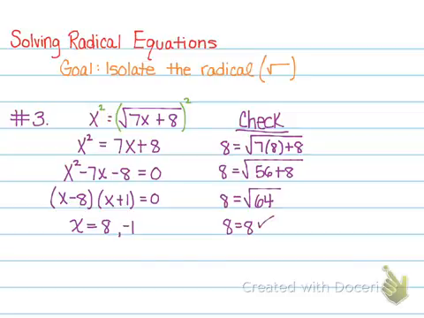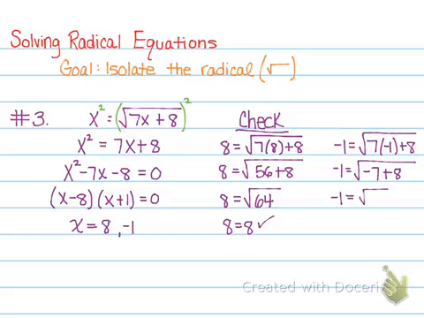So that means 8 is good. Now let's check negative 1. So negative 1 equals the square root of 7 times negative 1 plus 8. 7 times negative 1 is negative 7. Negative 7 plus 8 is 1. And the square root of 1 does not equal negative 1, it equals positive 1. So that means that 8 works, however, negative 1 does not.